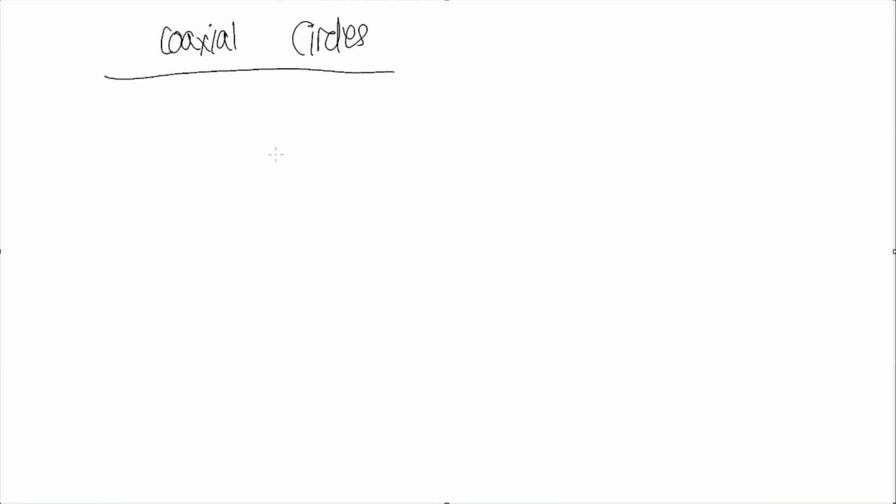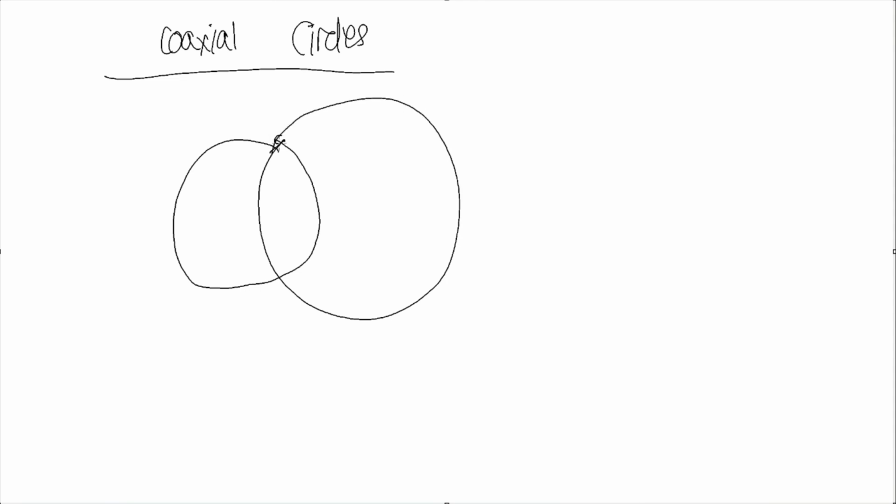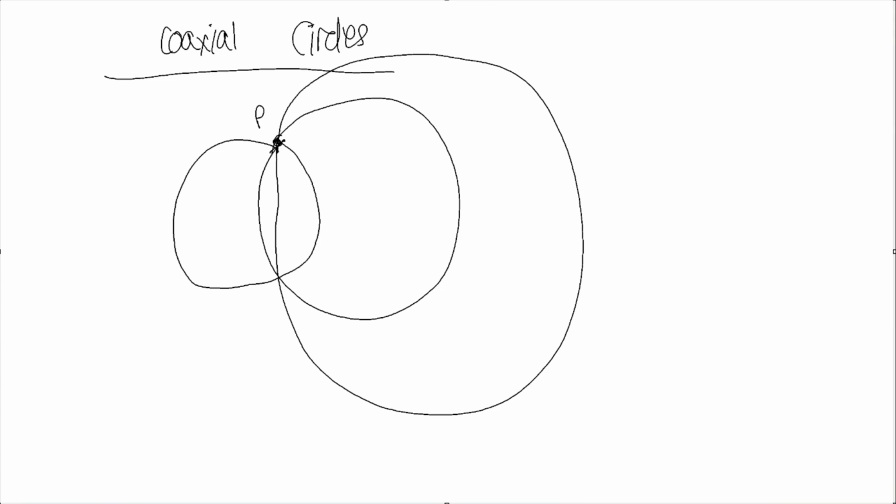Well, a corollary of radical axes is that if we have three circles here that all share this point P, then what happens if they share another point Q down here? Well, then this means that they all have the same radical axis, because then any point on PQ has the same power with respect to each circle.